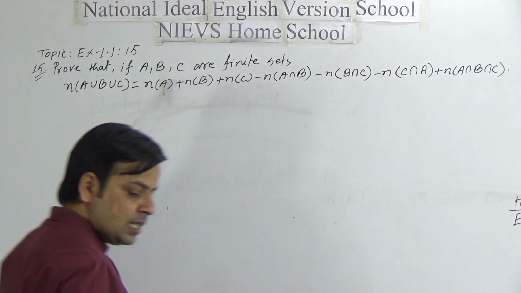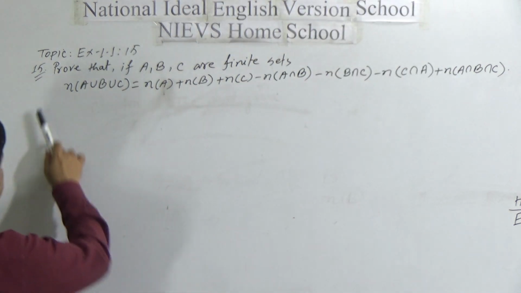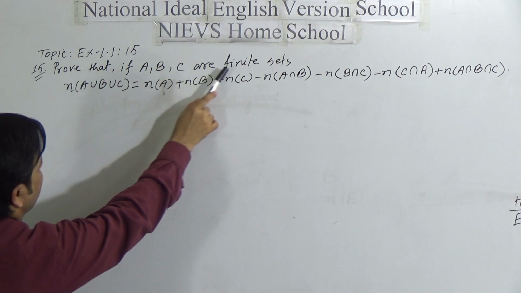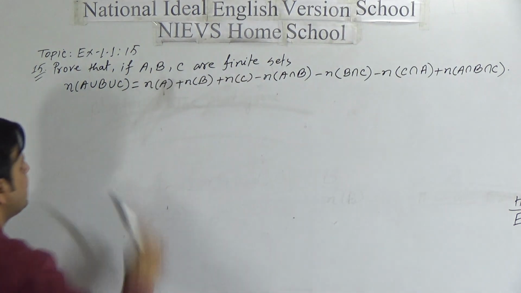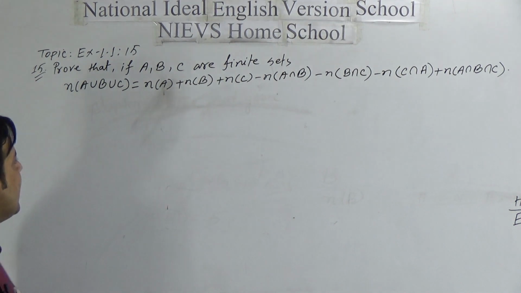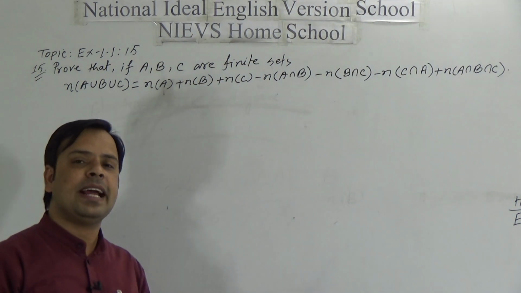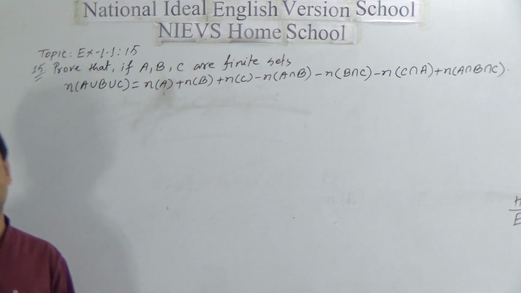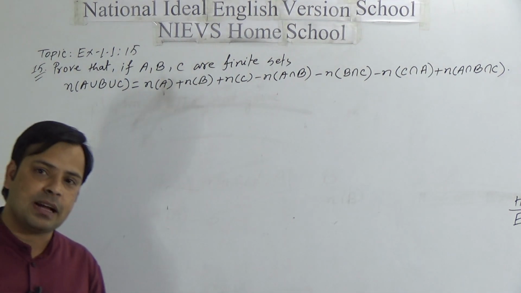Dear students, question 15. Now see here: prove that if A, B, C are finite sets, it means three sets A, B and C are given here, and these sets are finite sets. As these sets are finite, we can determine the number of elements.